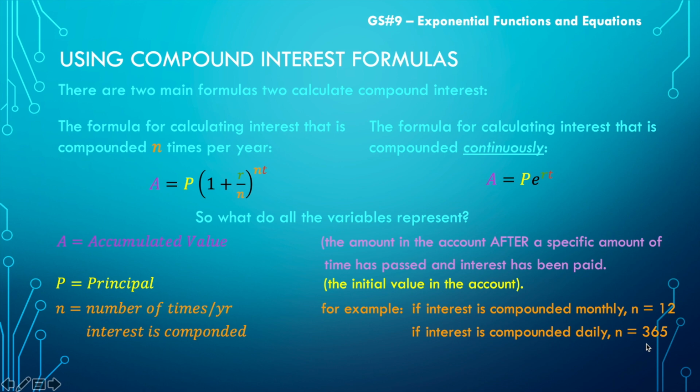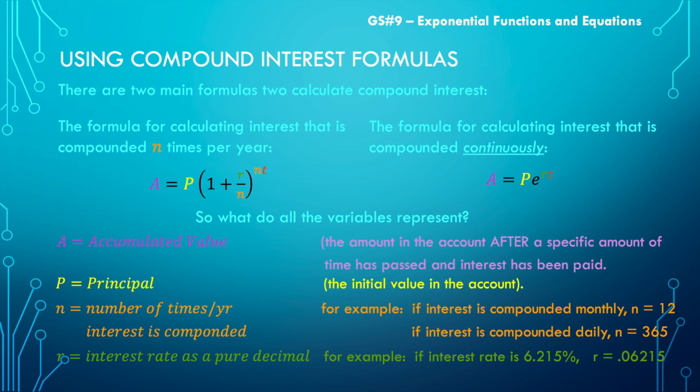How about r? r represents your interest rate, but we are going to use your interest rate as a pure decimal. That means we're not going to use it as a percentage. So if we have an interest rate of 6.215%, we're actually going to divide it by 100 and make that into 0.06215.